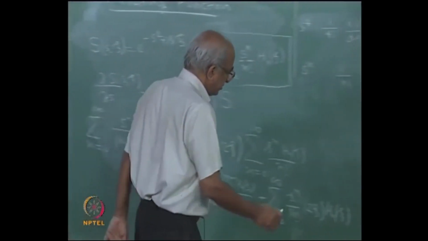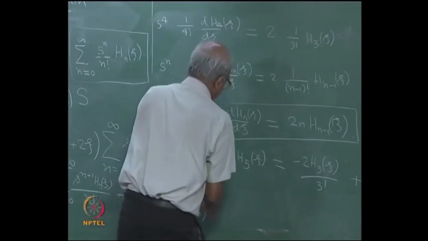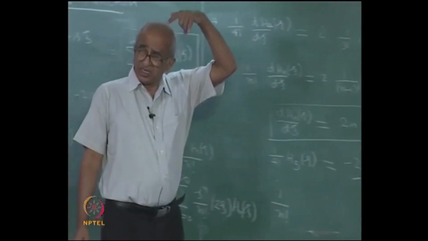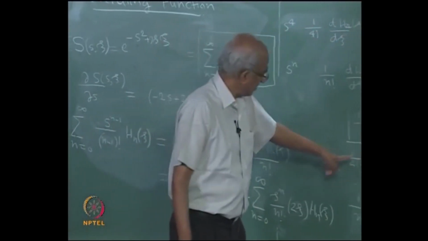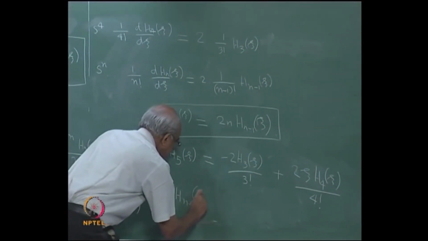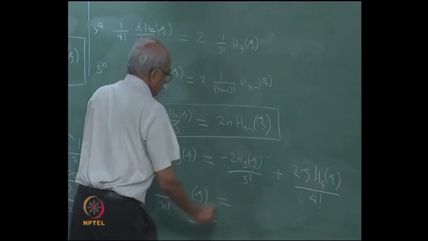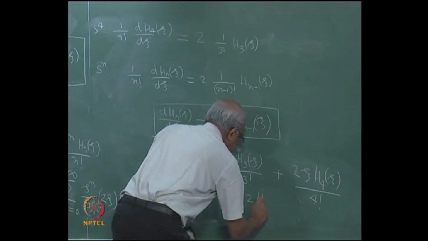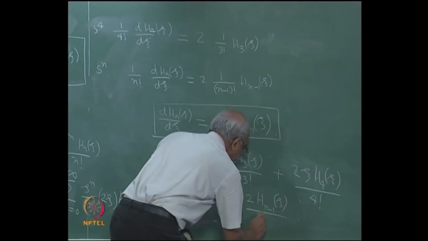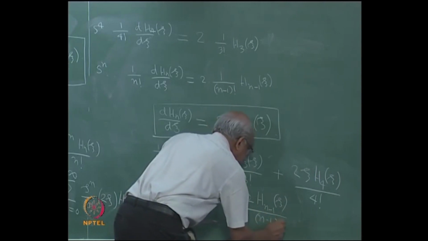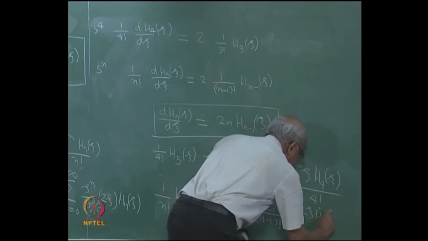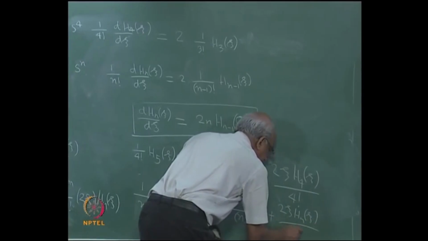So, let us now generalize. In general, what will happen? I will have 1 by n factorial. I am going to equate the powers of s to the power of n. This is for s to the power of 4. So, what is going to happen is I would have hn plus 1 c equal to minus 2 hn minus 1 c divided by n minus 1 factorial plus 2c h n c divided by n factorial.